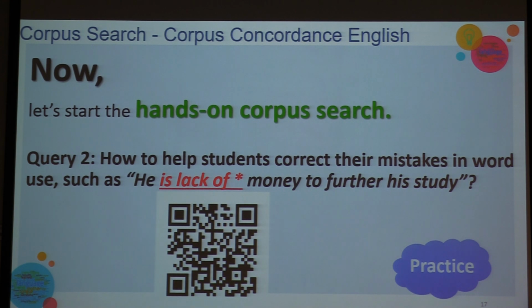Have you all located the website? Yes, okay. If you have a problem, just raise your hand and we'll come to help you, okay?